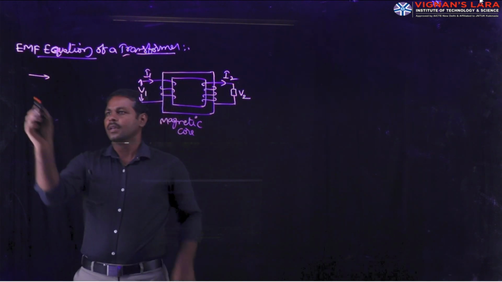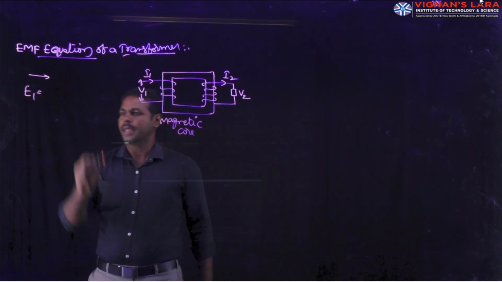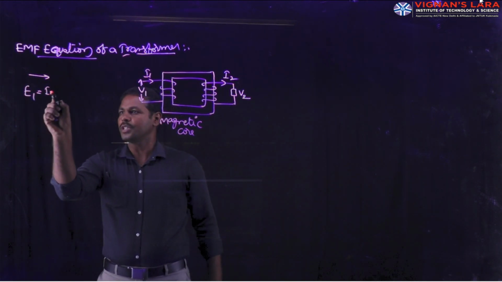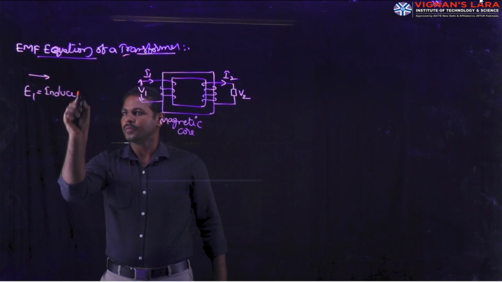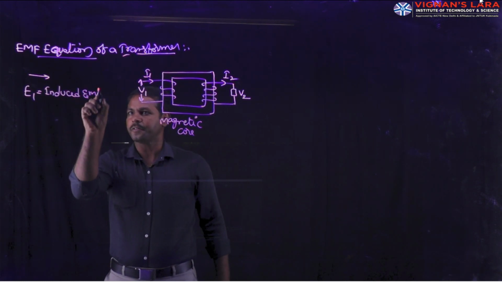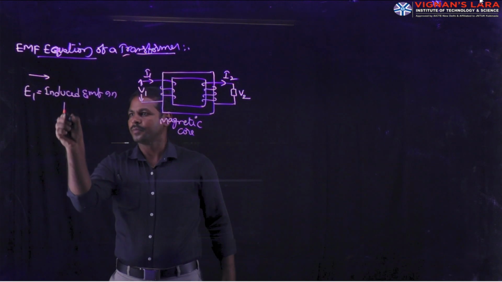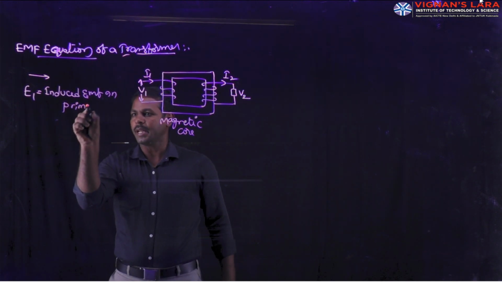In this, E1 is the induced EMF in the primary winding.